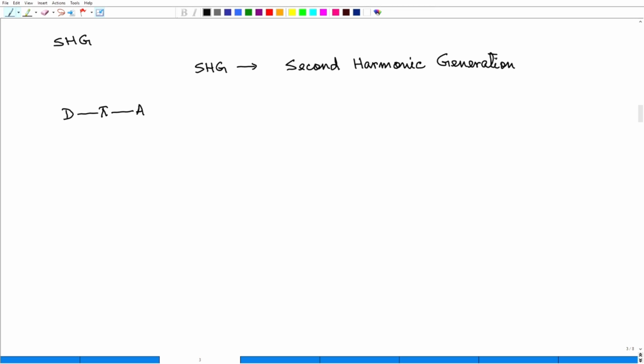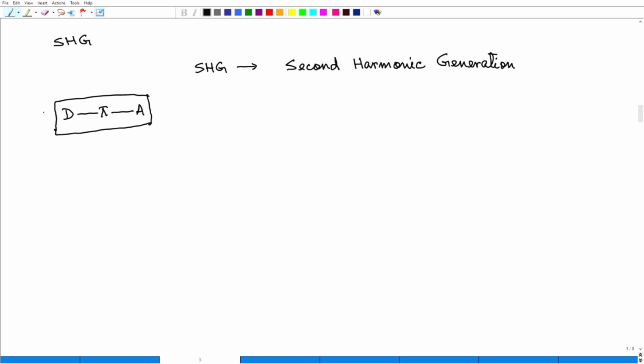That means I take one second order optically active compound. Suppose this is the second order optically active compound.